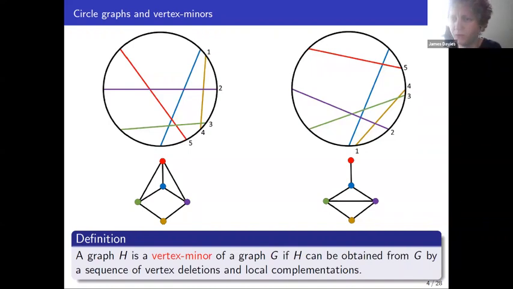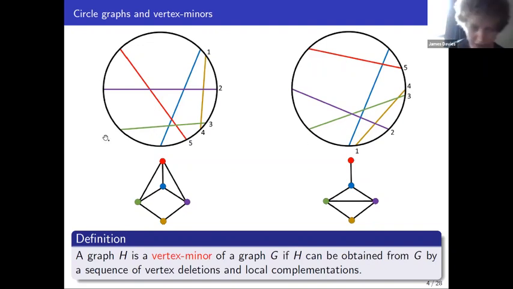Then all we have to do is reverse the order, so flip this arc. Now we have red, gold, green, purple, gold. So it's reversed order, and this will do the local complementation in our intersection graph.